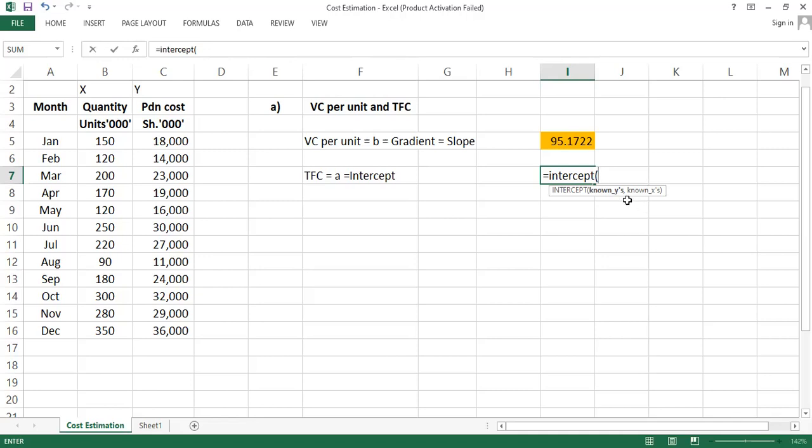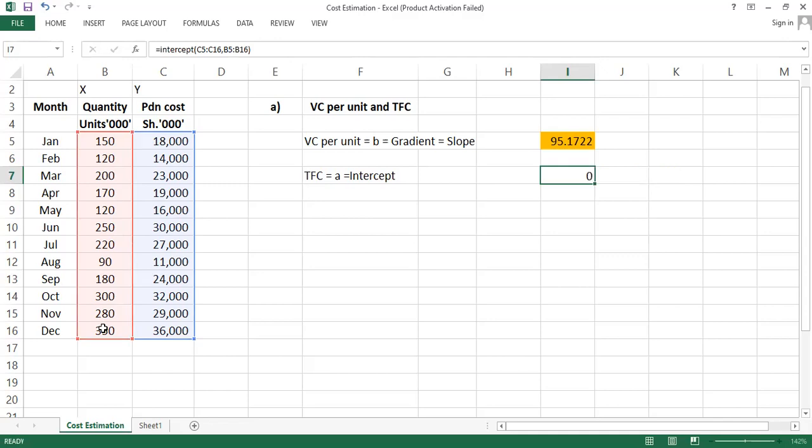That is, you pick the values of y, and again pick the values of x. In the same manner, I'll pick the values for the production cost, all of them to the last. Then I'll put a comma, I'll pick the values of x, and I'll close the bracket.